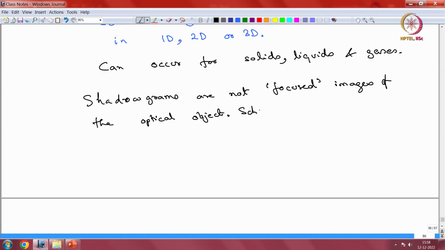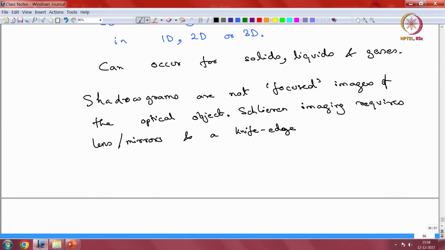However, Schlieren imaging requires either parabolic mirrors or lenses/mirrors and a knife edge. It need not always be a knife edge, but something to block off images, so basically a blocker.